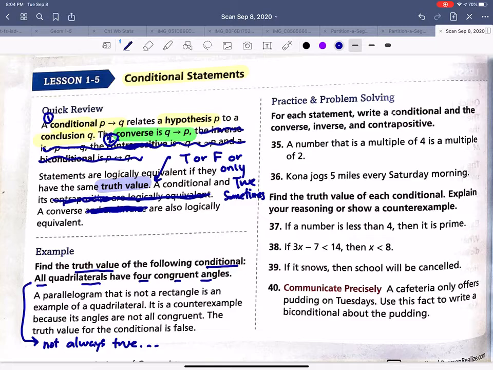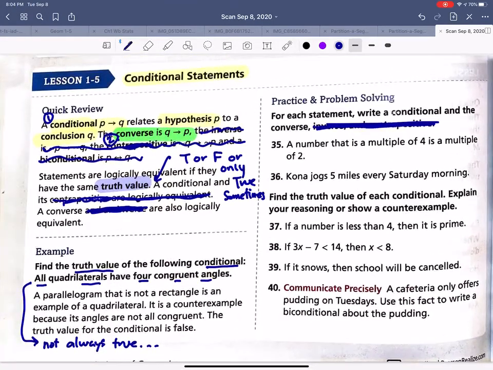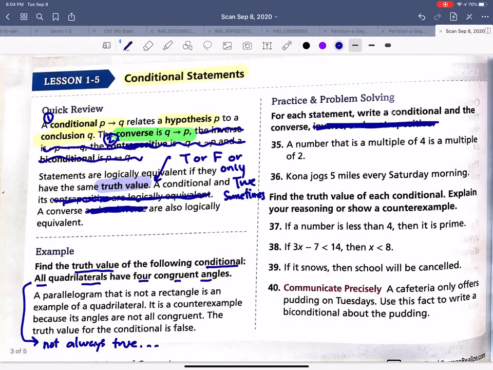Okay. Now, let's take a look at 35. It says, for each statement, write the conditional and the converse. Now, we want to ignore these other words we didn't go over. Okay. So, this is pretty easy. Let me find some room on my paper. Okay, so I'm just going to add a piece of paper. Let's see. A number that is a multiple of 4.